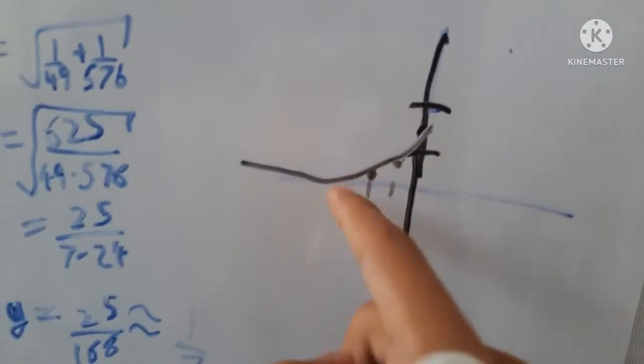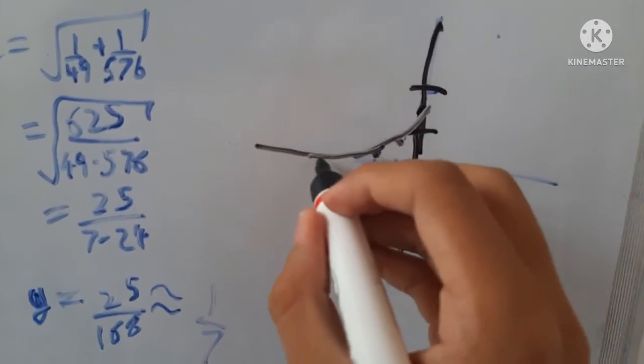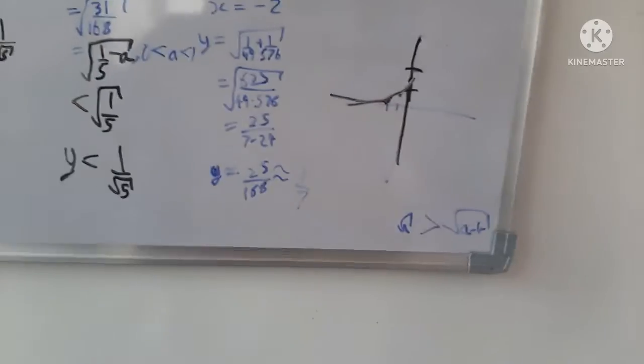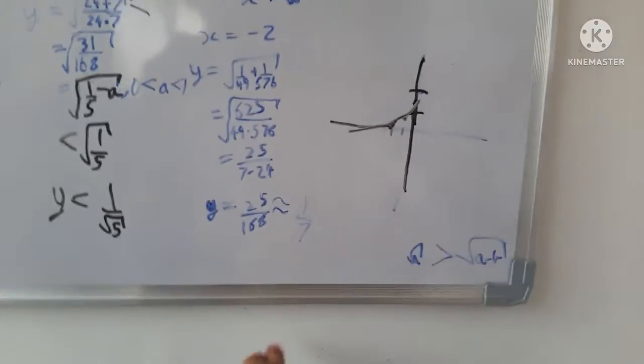It never touches 0 because it does that at negative infinity. Okay, we've proved that much. Of course, it starts out at square root of 2 and then immediately goes down below 1.